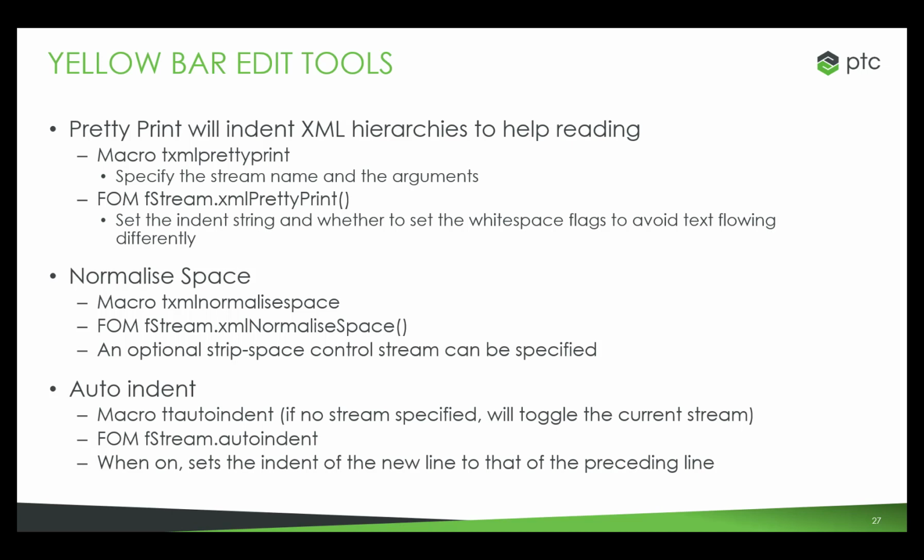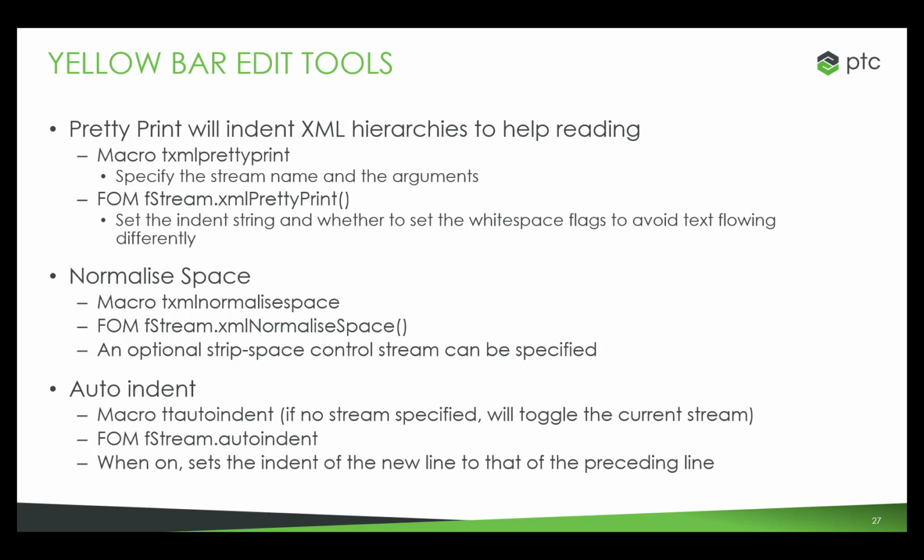If you've used pretty print on your XML, you might want to normalize the white space back down to a single line, and there's a macro and FOM method to do that. The txml normalize space or fstream.xml normalize space method will strip out all the space that's not useful. There's an optional argument to provide a strip space control stream.